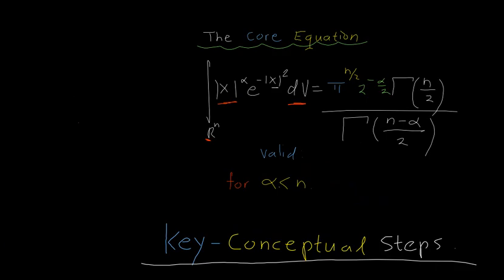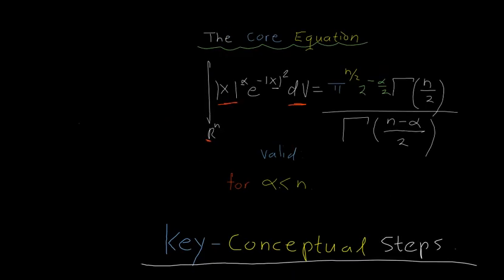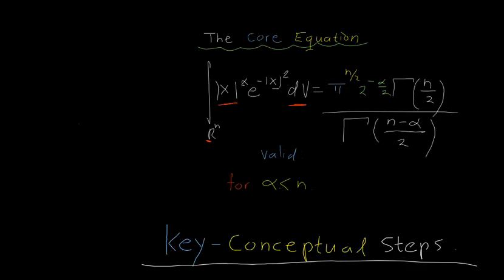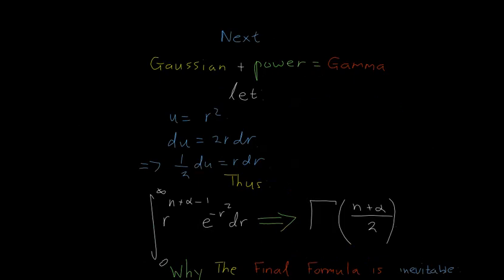But we also have a power as well, x to the alpha. And then this is equal to a gamma function, which it is. On the right-hand side, we have a constant times gamma. So this is a good mnemonic: if you have a Gaussian plus a power, you should output some gamma function.